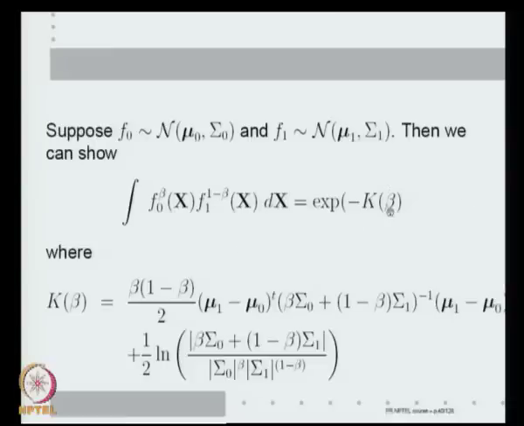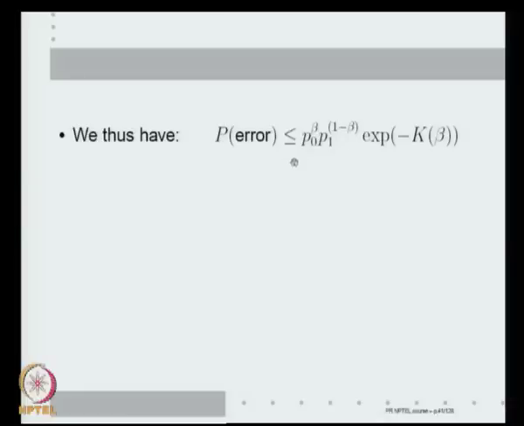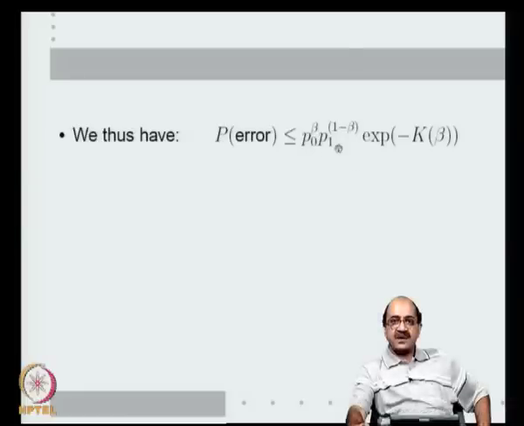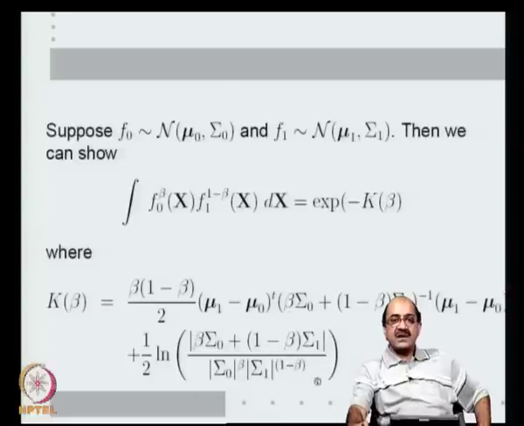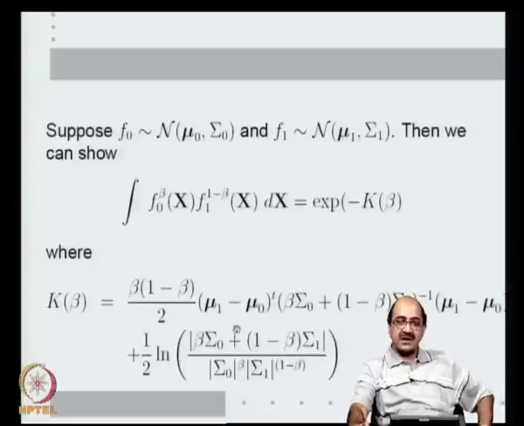So, what does this mean? That P error is less than or equal to P0 to the power beta, P1 to the power 1 minus beta, exponential minus k of beta, where the k of beta term is given by this, which I can calculate if I know mu 1, mu 0, sigma 0 and sigma 1.